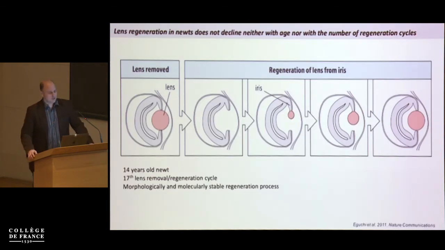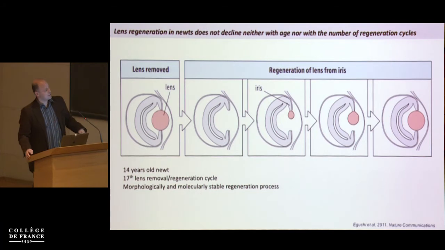This experiment is an amazing study that shows that regeneration capacity in newts does not depend on age, nor on the number of regeneration cycles. Goro Eguchi, who did this study, initiated it when he retired, so he didn't need to think about grants any longer, and he thought, okay, he does this important experiment. He took a bunch of newts, lentectomized them, and the lens grew back, independent of the number of lentectomies and also independent of age.